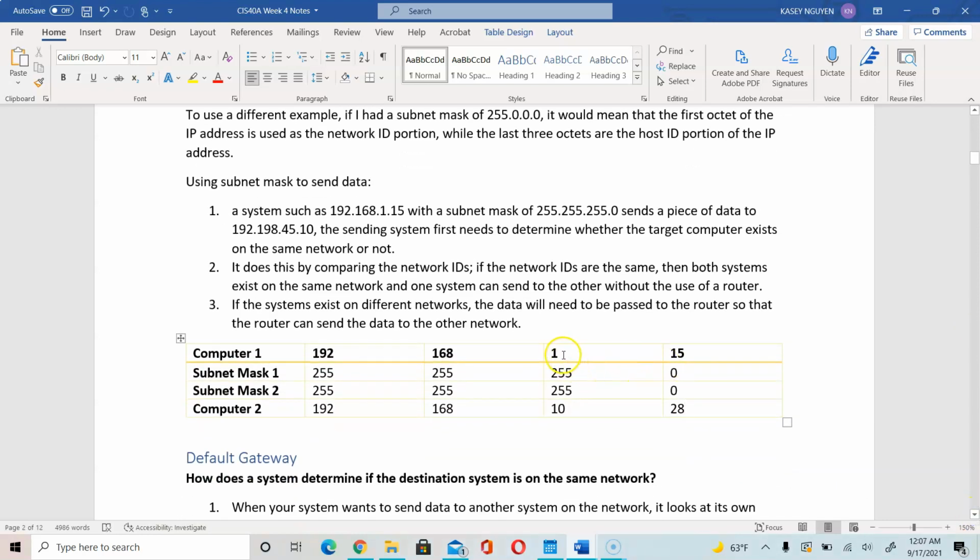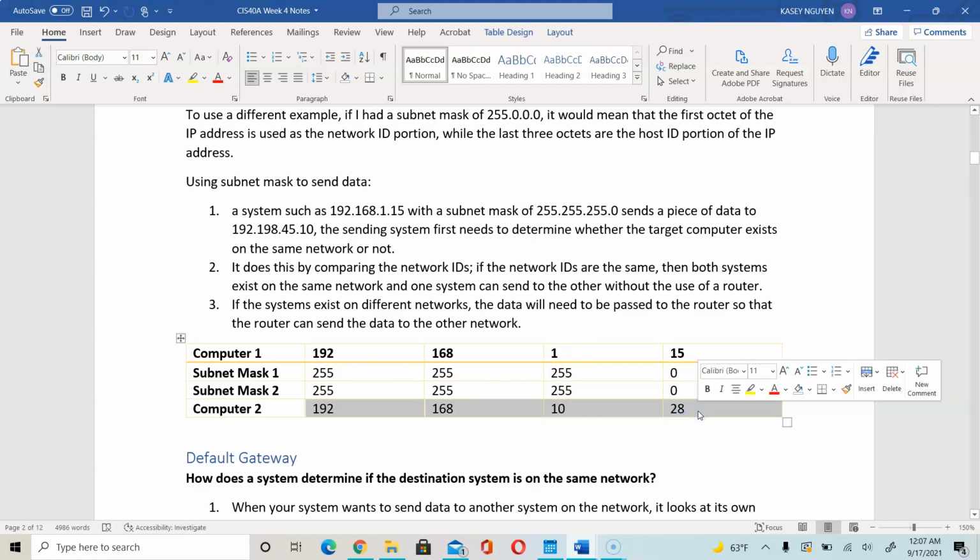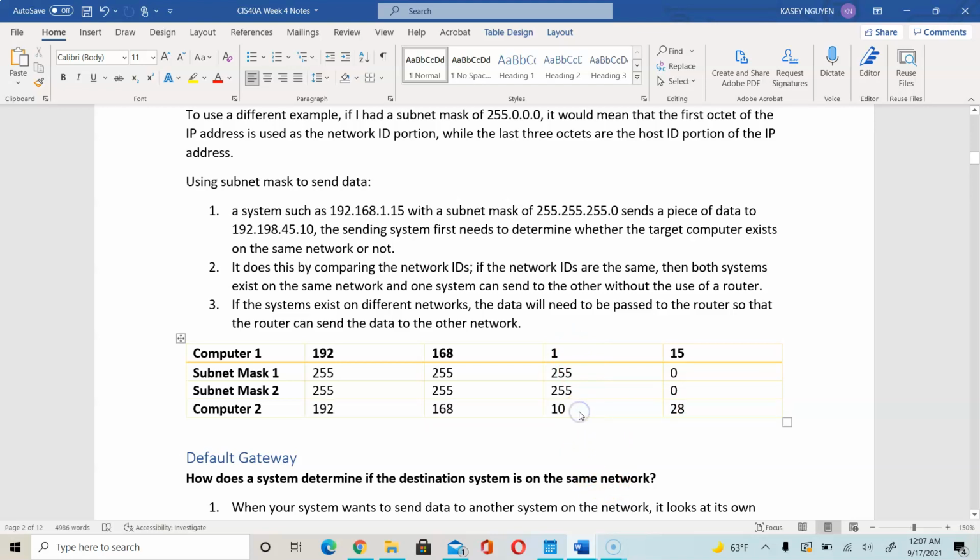Now the comparison for the last octet: the 1 is different from the 10. As the network IDs are different, it would know that computer 2 is on a separate network, not in the same network. Now, if the second system is a .1 here, then it would be exactly in the same network, while they both have the same exact subnet mask.